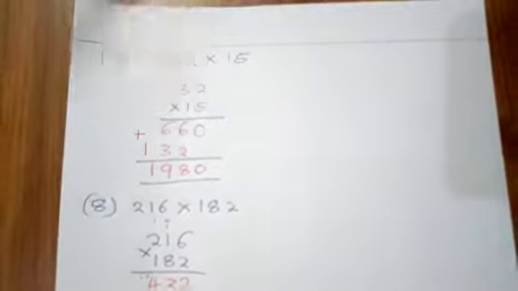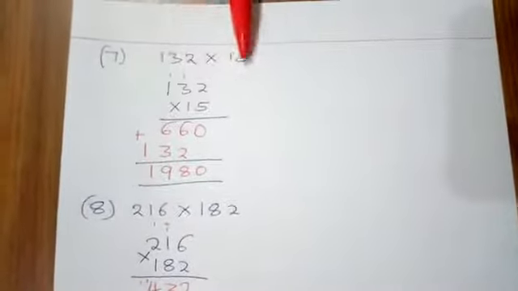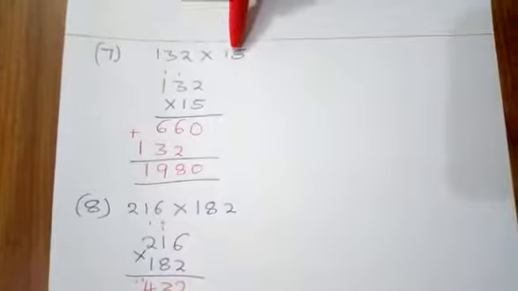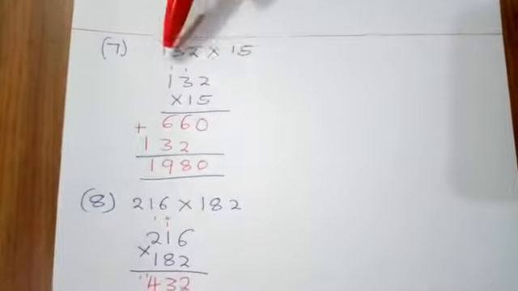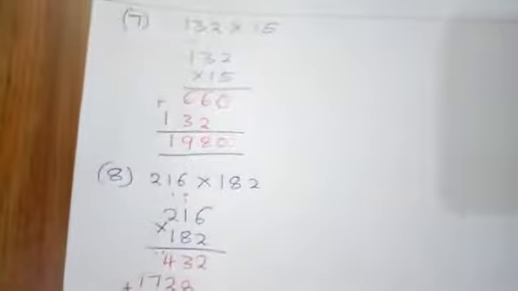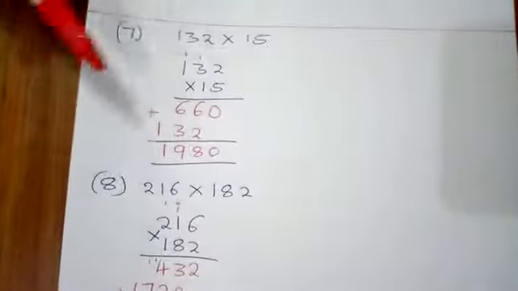So we could have multiplied 3 digits by 1 digit, but now that one is easier. That's why I decided to move to this one. So we arrange them vertically so that it becomes easier for you to multiply. Then we start. Always we start from the right hand side.